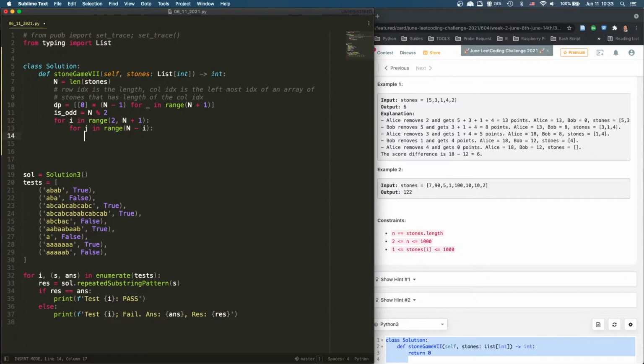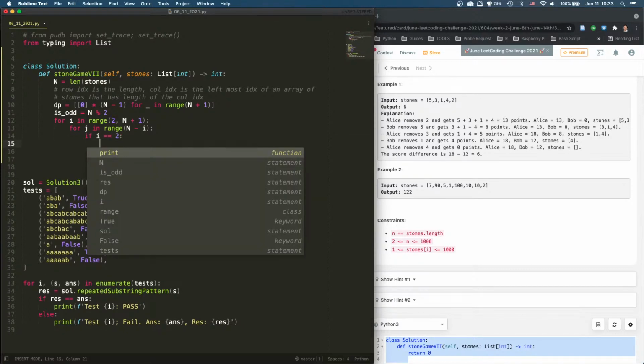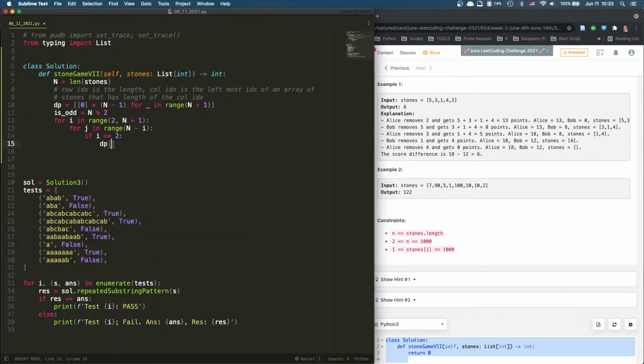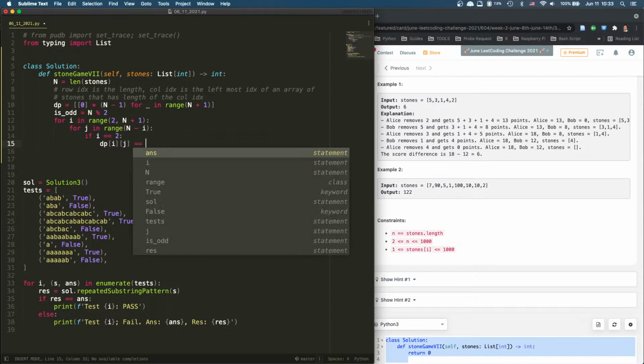And then we're going to start. We're going to fill it in. So we say dp. If i equals 2, then dp[i][j] is going to equal what?